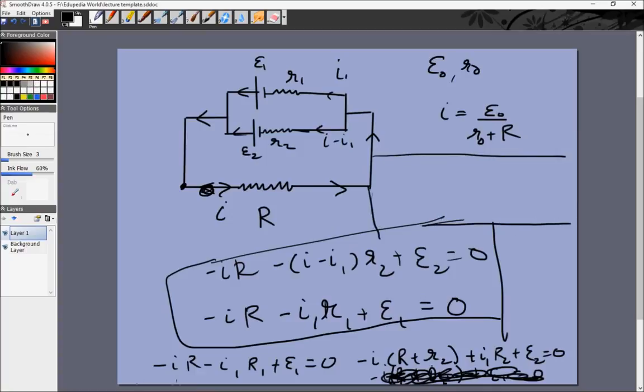So we'll multiply this whole equation by R2, right? So we'll get minus I R R2 plus E1 R2 plus, now we'll add this one, multiply this by R1, right? So we'll get minus I R R1 minus I R2 R1 plus E2 R1, and this whole thing is equal to 0. From this, if you calculate the current, I'm running out of space, so I'll just rub this main circuit.